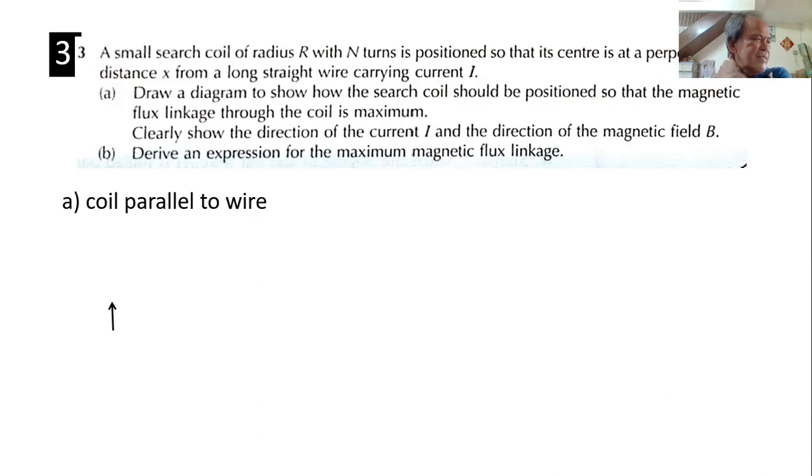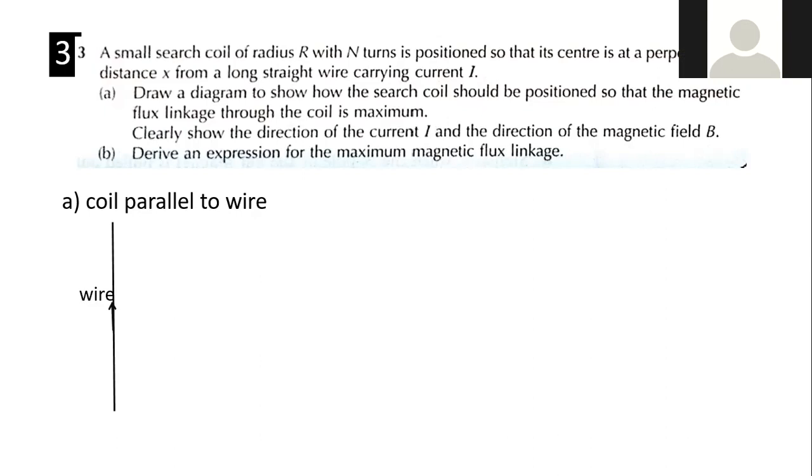You want maximum, the area must be perpendicular to the field, not at an angle. Let's draw, either up or down, doesn't matter. The search coil is just there, that's all.